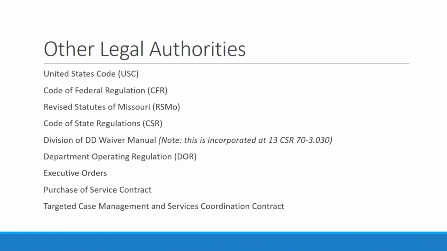From there, we have the Department Operating Regulation, or DOR. These are available on our internet site. What a lot of people don't know is that a DOR actually is created by law. So the Department of Mental Health was given legal authority, statutory authority, to create Department Operating Regulations. So they do carry the same weight as law.